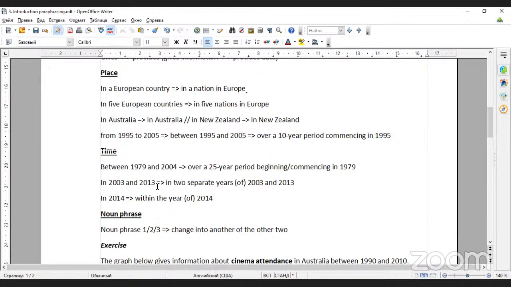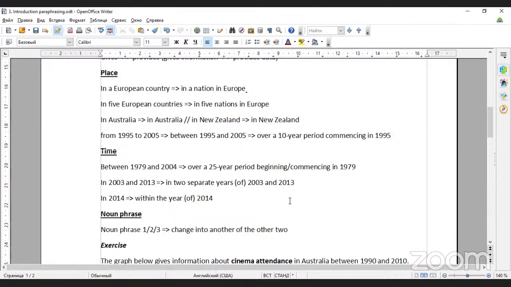All right. Sometimes there can be 2 separate years, in 2003 and 2013. You can just write in 2 separate years of 2003 and 2013, or you can just leave it as it is. In 2014, you can paraphrase as within the year of 2014.